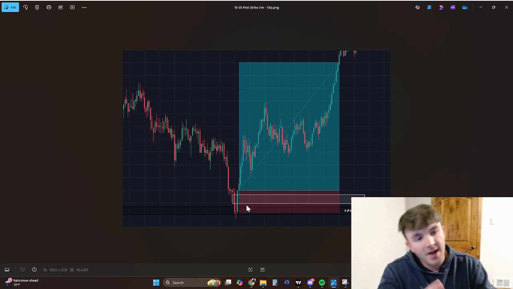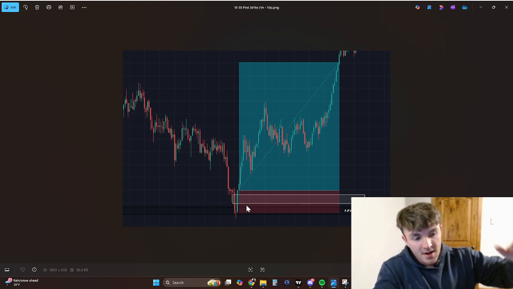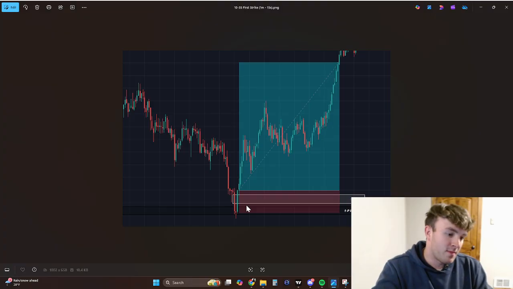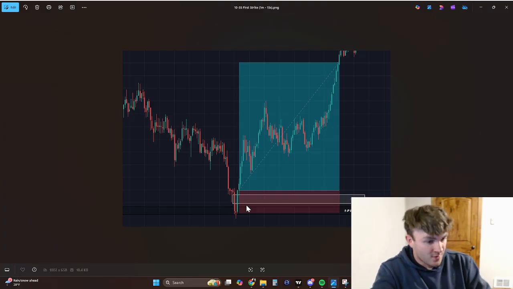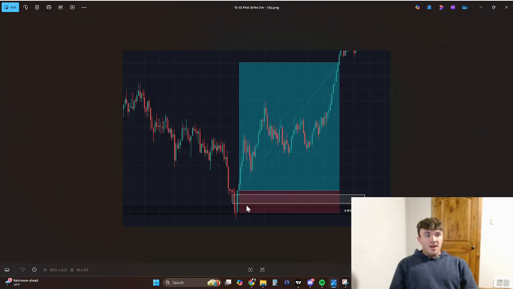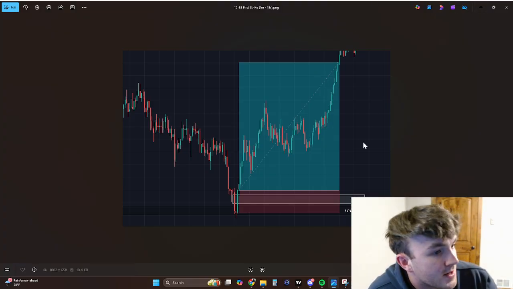So if it's a 1 hour gap, it's a 5-minute change in state of delivery or inversion fair value gap. If it's a 15-minute key level, it's a 1 minute change in state or inversion fair value gap. And yeah, so in this case, with my first strike model, I'm using a 15-second inversion gap, and then we go up from there. So that's kind of cool.